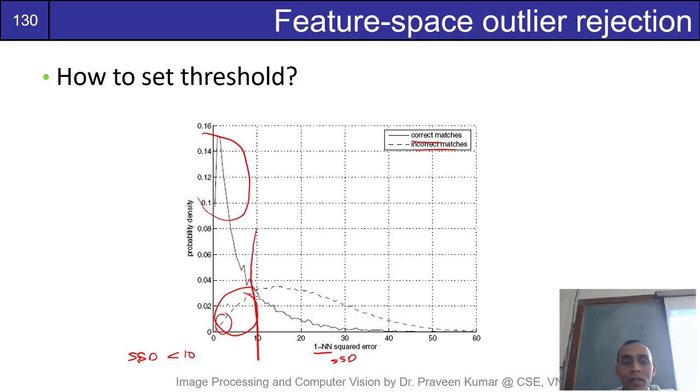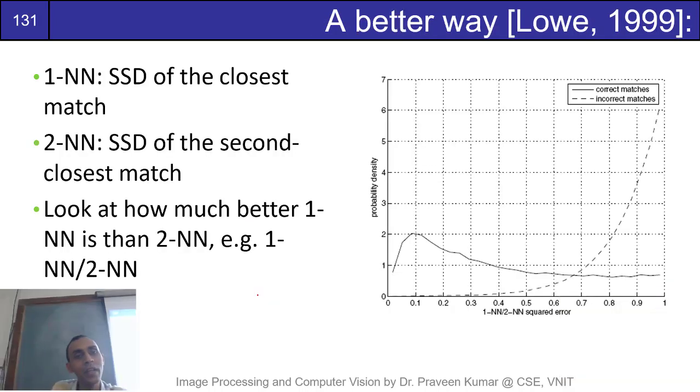The distribution of incorrect matches is also quite high. So putting a threshold here or here will not be a good idea, because within this you will also end up getting a lot of incorrect matches. So again they use the same trick. They use the ratio of the sum of square difference of the first closest match to the sum of square difference of the second closest match.